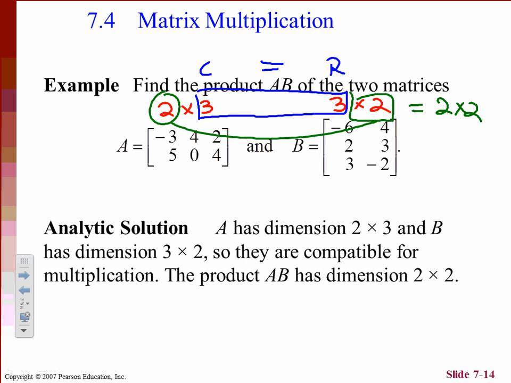When you're trying to multiply these together, the columns in the first one have to equal the rows in the second one, and then the dimensions of the product are the rows of the first one and the columns of the second one. So keep that in mind when you're doing matrix multiplication. The columns in the middle cancel out, and you get the rows and columns on the end. It has to be that way for matrix multiplication to work.